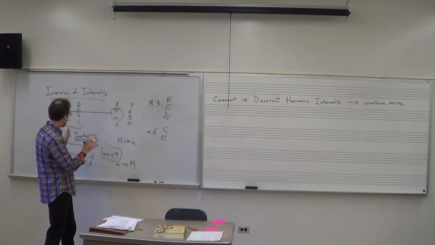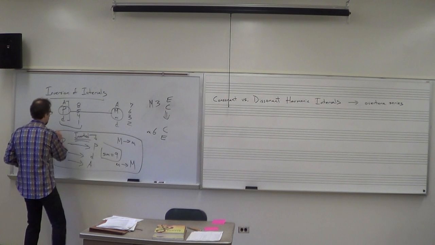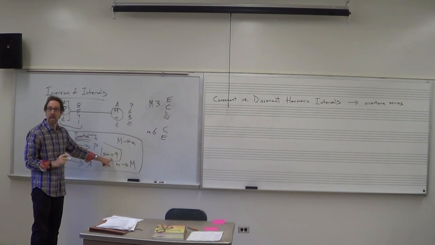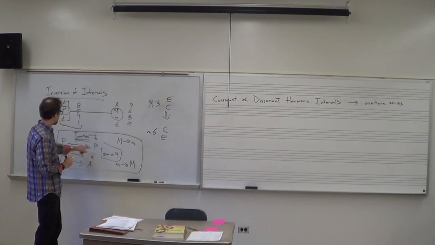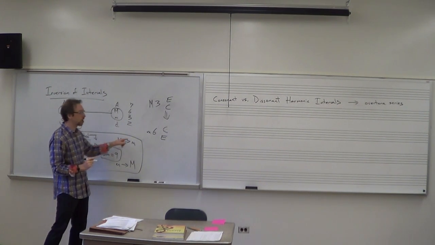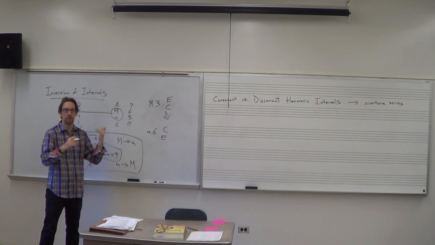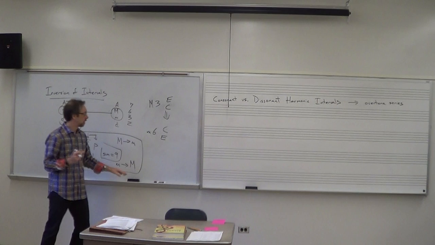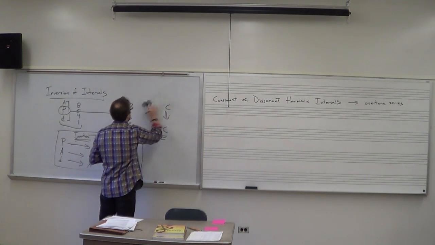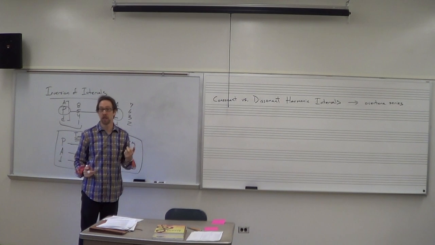So this is kind of our formula right here, what we're going to remember. The numbers will add up to 9. Perfect stays perfect. Augmented becomes diminished. Diminished becomes augmented. Major becomes minor. Minor becomes major. Now you can always figure it out by hand, but this is a quick way of also identifying those intervals.